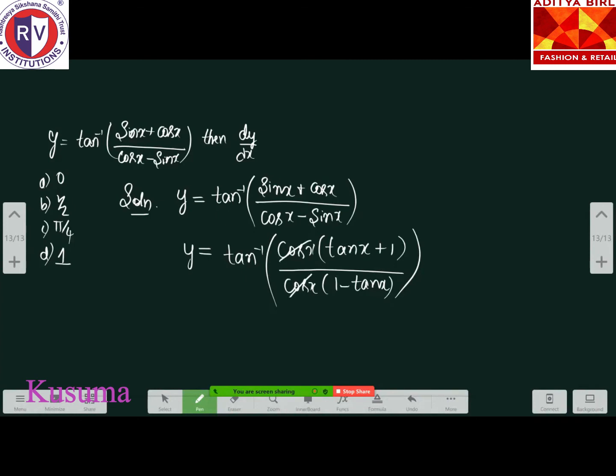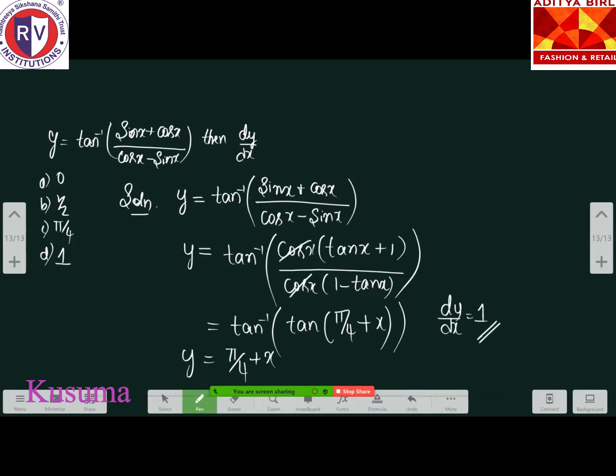So let us cancel this out. This is nothing but tan inverse of tan of pi by 4 plus x. So tan inverse of tan is there. So y is nothing but pi by 4 plus x, or dy by dx is 1. Is your option D.